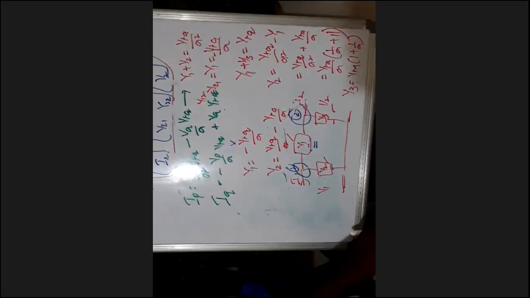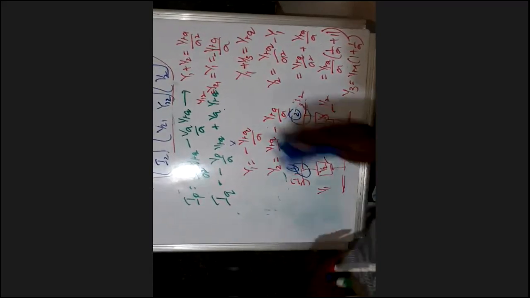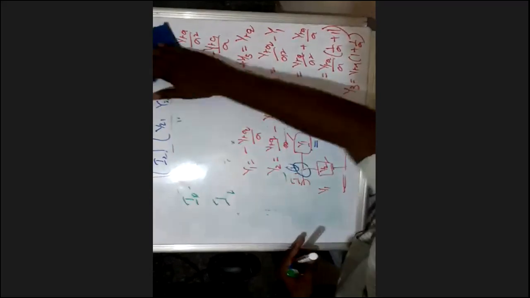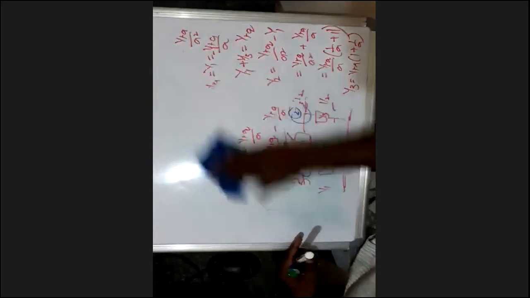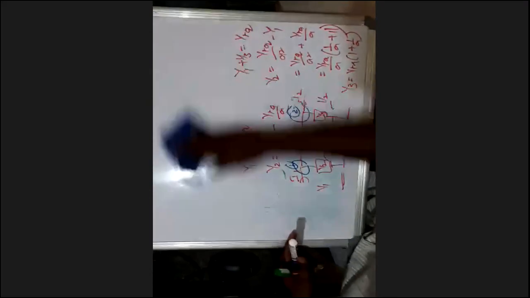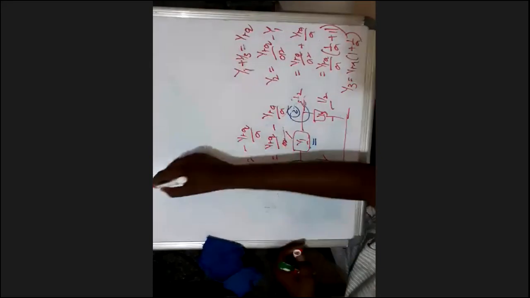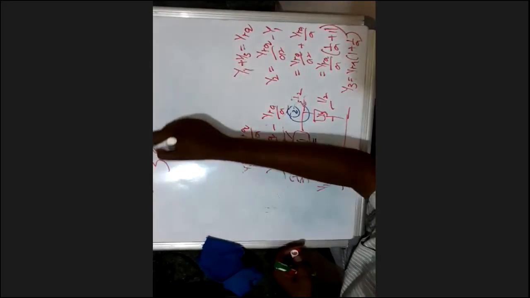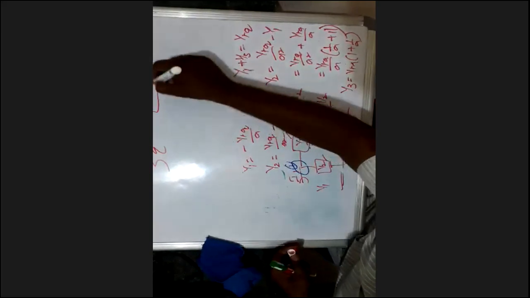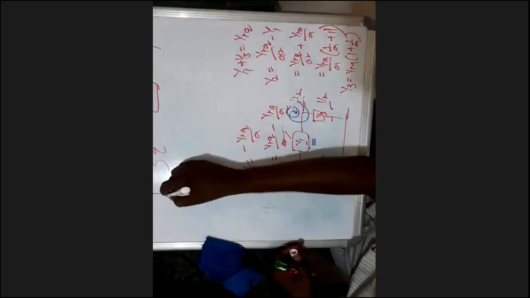Right. Now you see that the transmission line pi model and this pi model both I am going to incorporate in one line. This is my tap setting transformer. This is the impedance of the transmission line.